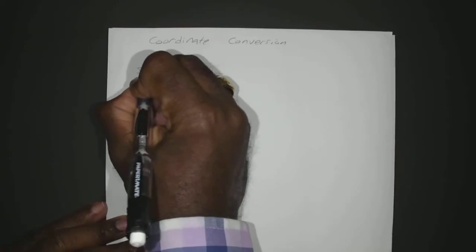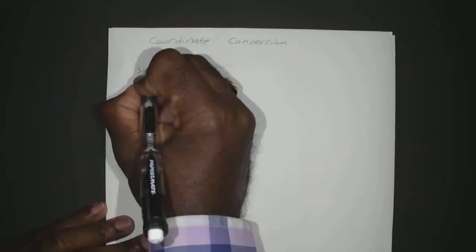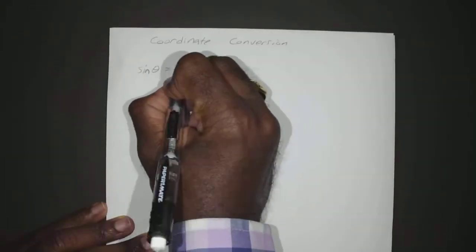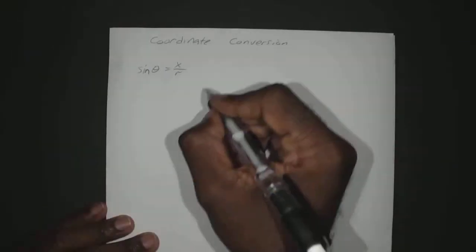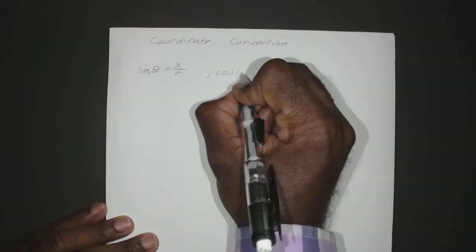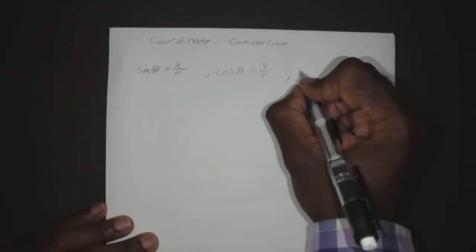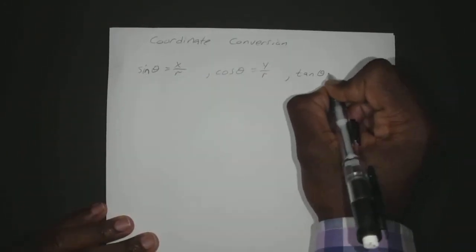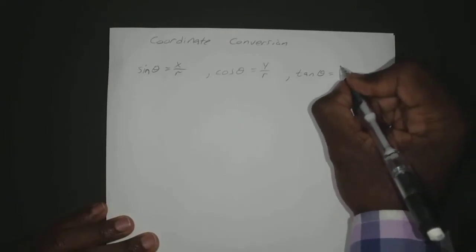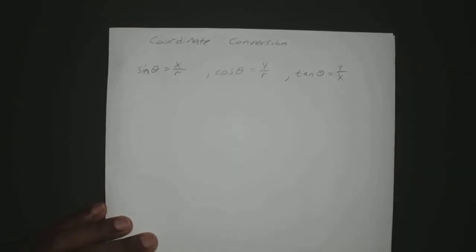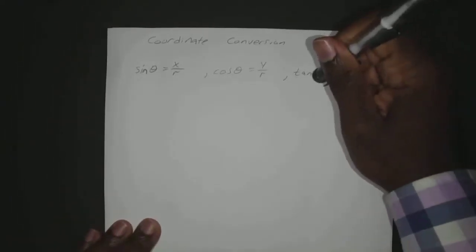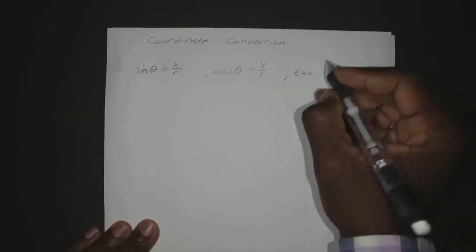Okay, so we know that sine of theta equals x over the radius. Cosine of theta equals y over the radius. Tangent theta equals sine over cosine, which is y over x. I swear this is not a good day for me and thetas.